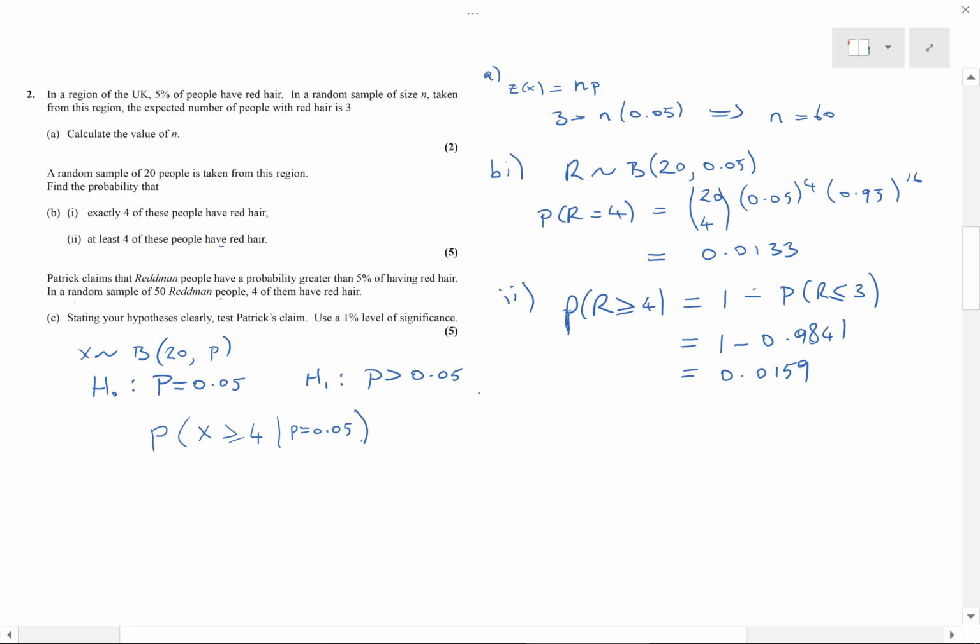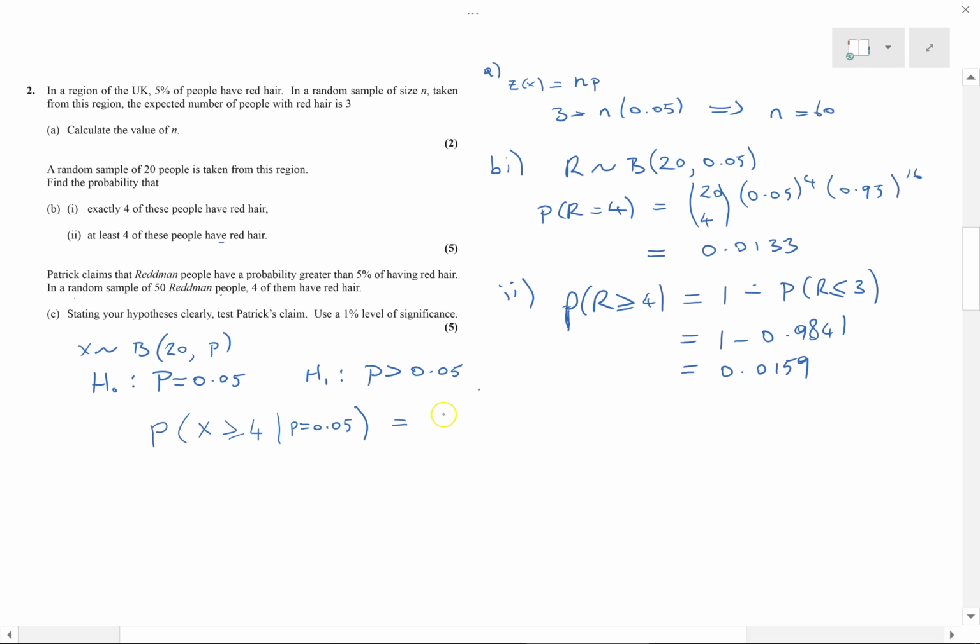If this number is below our 1% level, then we reject H0, but I don't think it will. I think we'll be accepting H0 here, but we'll see. So the probability that x is greater than or equal to 4 is the same as 1 minus the probability that x is less than or equal to 3.